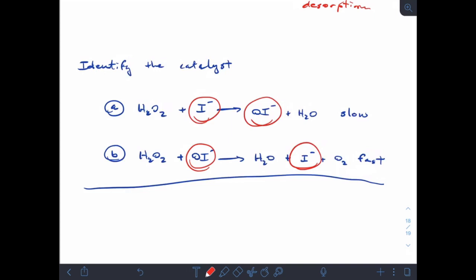Our H2Os that are both on the right-hand side will add, and our peroxides, both on the left side, will add. So we have our overall reaction C of 2H2O2 yields 2H2O plus O2.